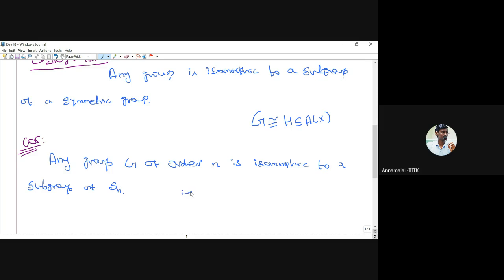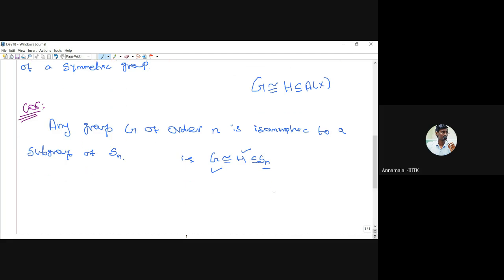That is, G is isomorphic to a subgroup H, and this H is a subgroup of Sn. This subgroup also has order n, but it is a subgroup of Sn. Therefore Sn is very important, because any group is isomorphic to a subgroup of a symmetric group. Therefore the symmetric group is very important. You should know all the properties of the group Sn. So this is a very important theorem.